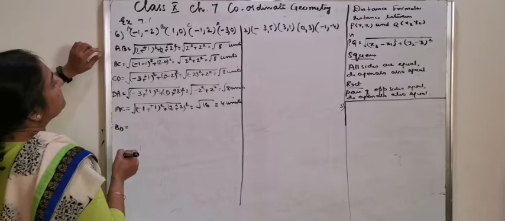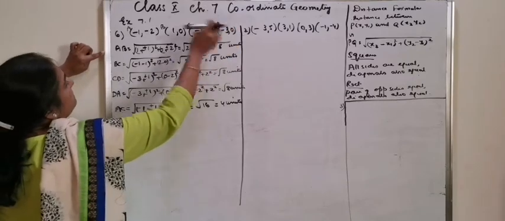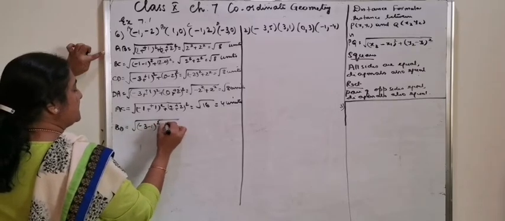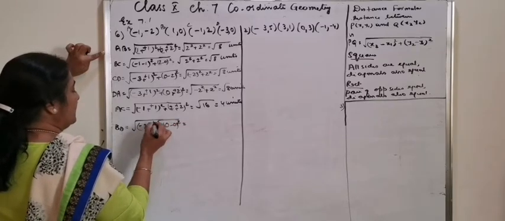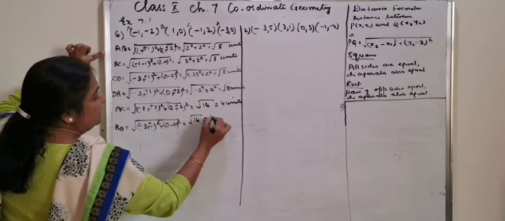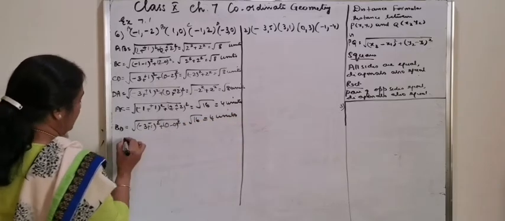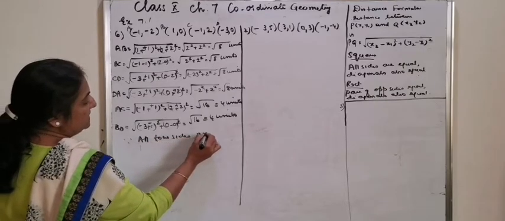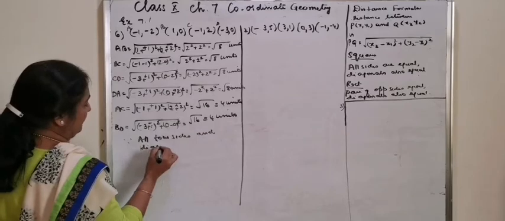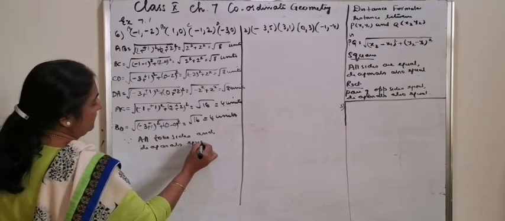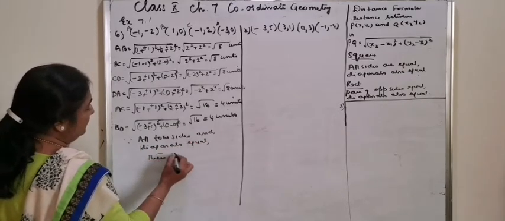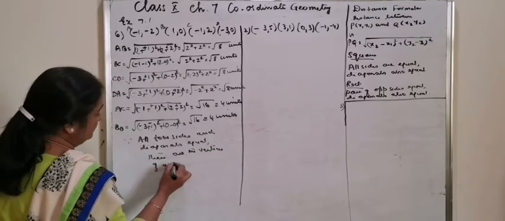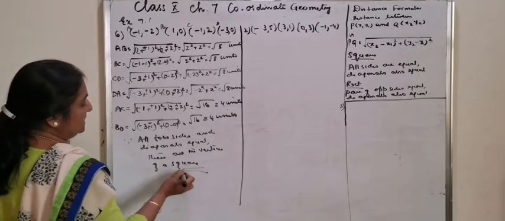Diagonal BD is (-3 minus 1) the whole square plus (0 minus 0) the whole square, root 16, which is equal to 4 units. Since all 4 sides and diagonals are equal, these are the vertices of a square.